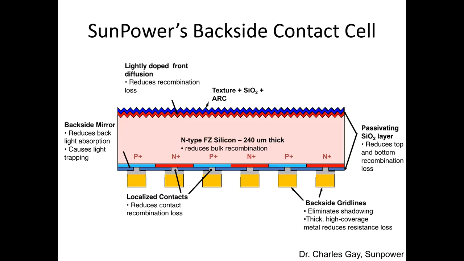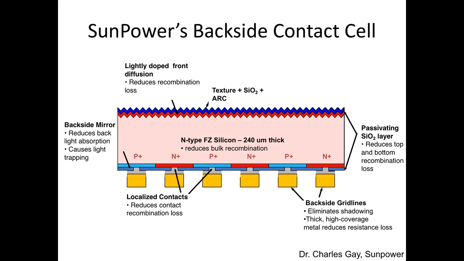So voltage losses in the cell, and they use a silicon dioxide layer to passivate these layers. So essentially, clean up dangling bonds, clean up mismatches, essentially efficient transfers of energy between the interfaces.